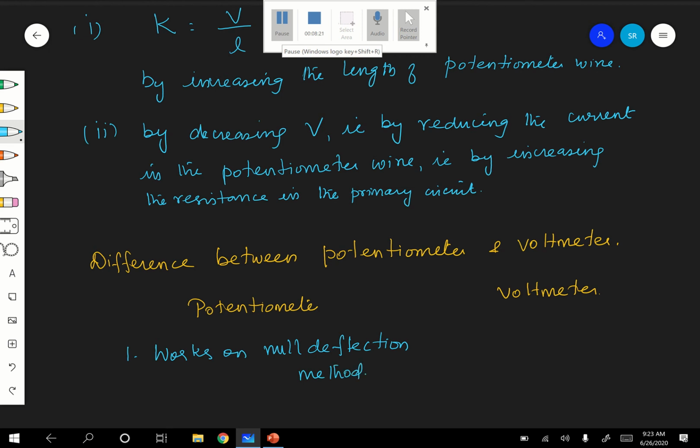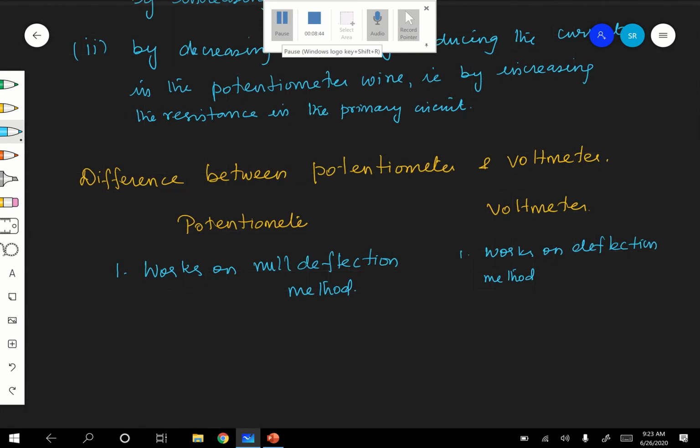But the voltmeter works on the deflection method. Whichever reading it shows, that is the potential difference. So it works on the deflection method. Very, very important first one.